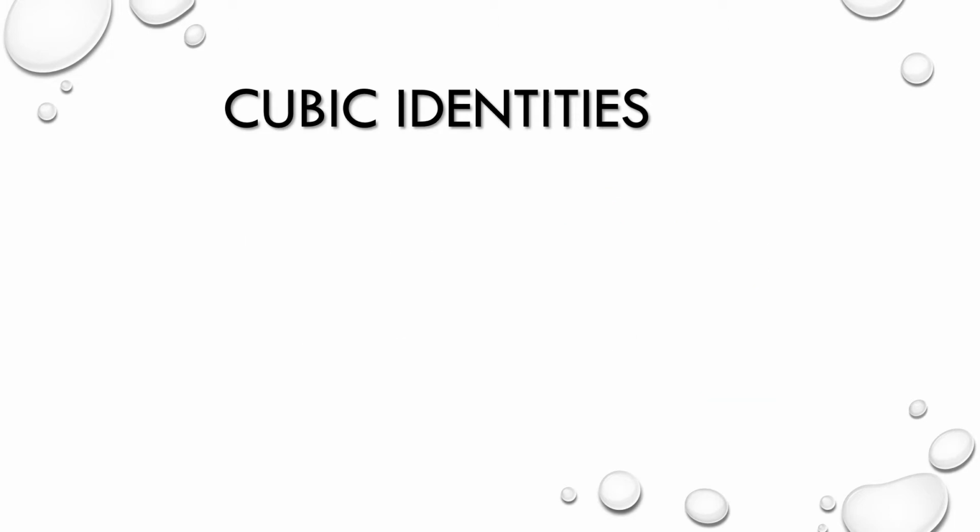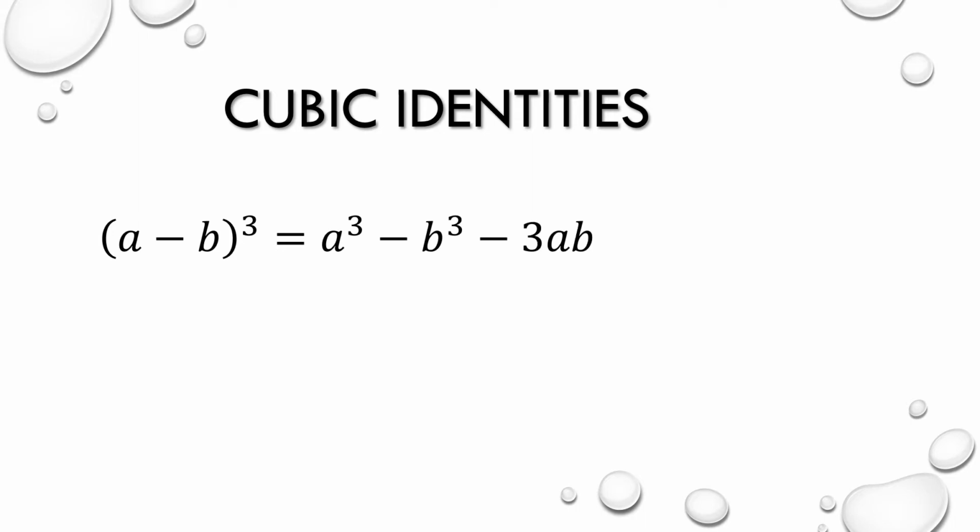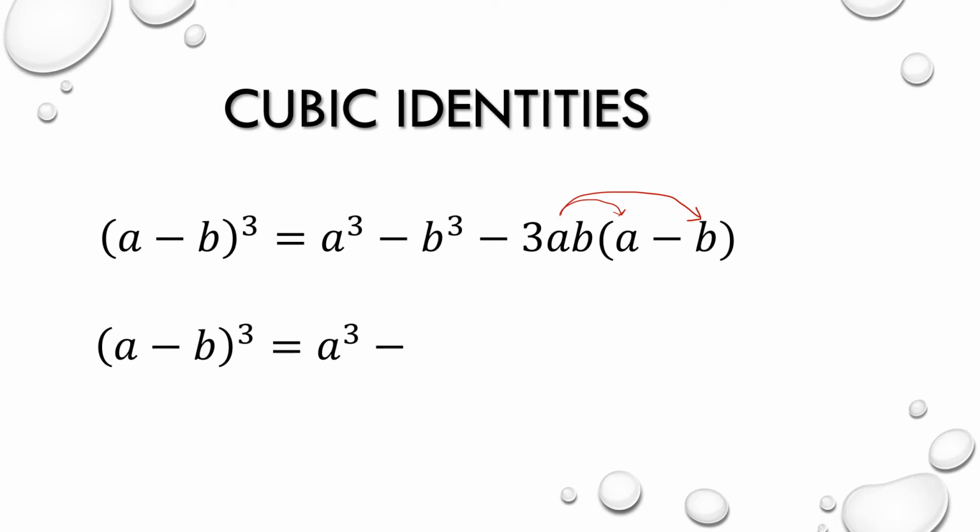Now the next identity, a minus b whole cube. This is equal to a cube minus b cube minus 3ab bracket a minus b. Here again, if we open the bracket, we'll get the simplified one. So a minus b whole cube can also be written as a cube minus b cube minus 3a square b plus 3ab square.